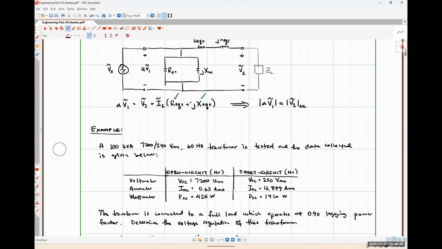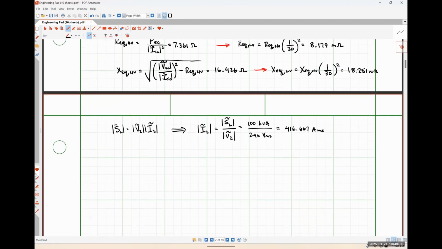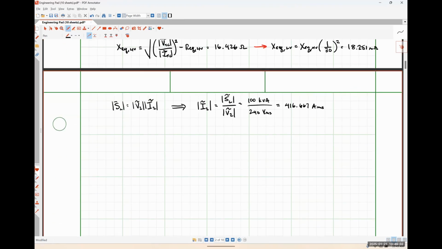I'm going to assume 0 because it just makes the math easier. Okay. So the angle of I2 is going to be negative the inverse cosine of the power factor.